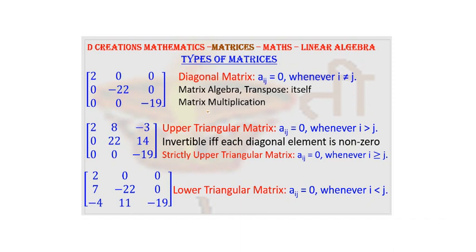And if you want to use the notation, a_ij is equal to 0 whenever i is not equal to j. Simply because in all these cases, you have both i and j, that is row and column. It's the first row, first column, second row, second column, third row, third column. So except that, all the other entries are 0.